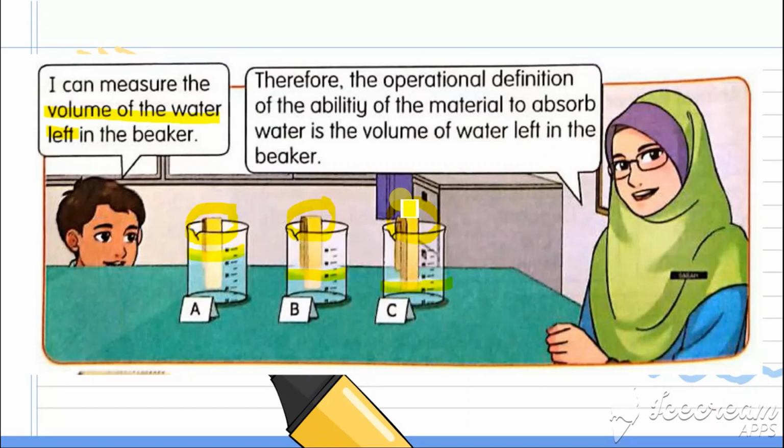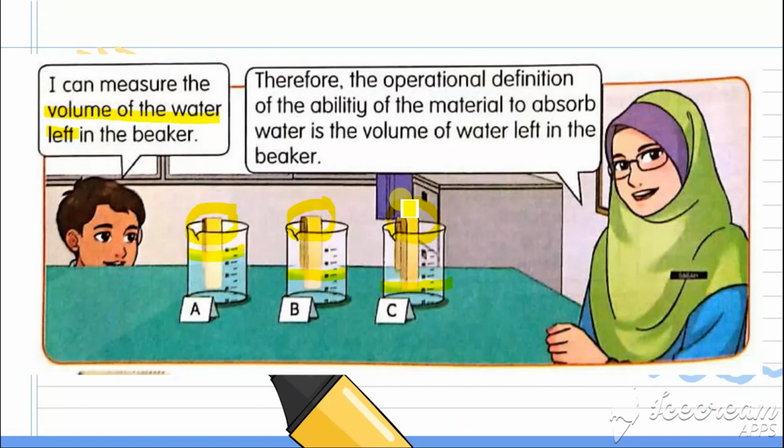Teacher, repeat again. The ability of the material to absorb water is the volume of water left in the beaker, which means, let's say A has 10 ml. Sorry, they have already said that we have 50 ml of water, right? So now, from the 50 ml of water, how much has this material absorbed? To calculate that, we have to calculate the volume of water left in the beaker.